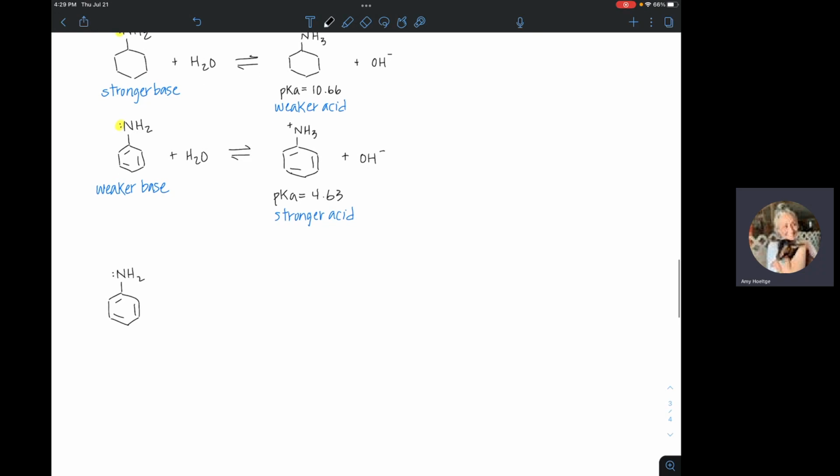You want to use your money. We want to use these electrons. But with aniline, we can delocalize these electrons into the aromatic ring such that they're not nearly as readily available to deprotonate something else.